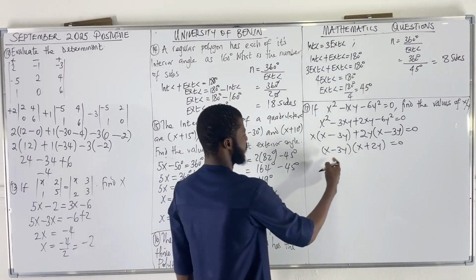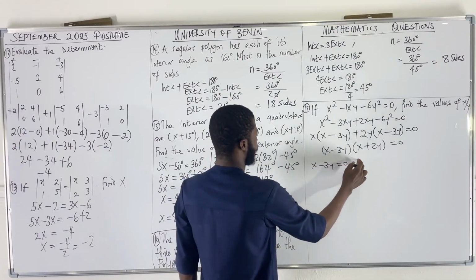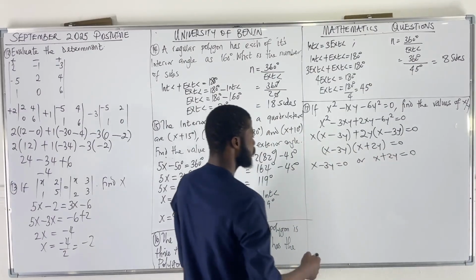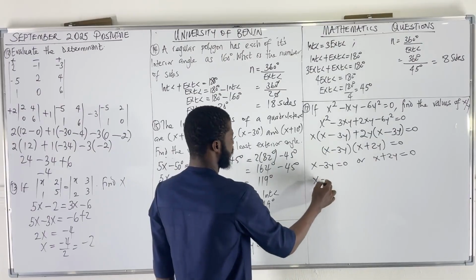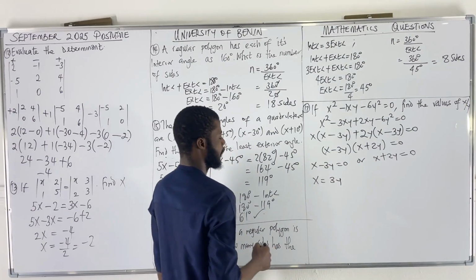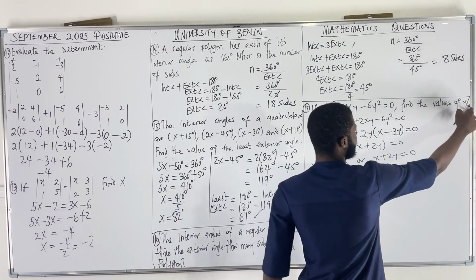So what this means is any of them could have been 0. So x minus 3y is equal to 0 or x plus 2y is equal to 0. So this will be x equal, if minus 3y goes by, it's going to become 3y. Now remember that we're asked to find x over y, so we must divide by y.